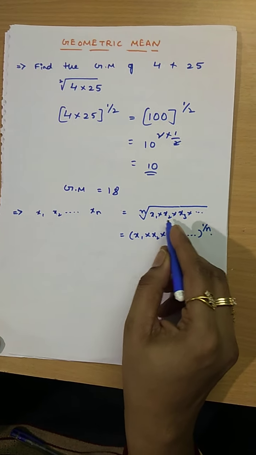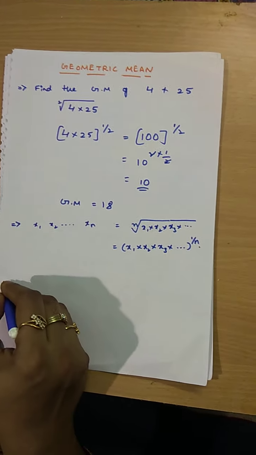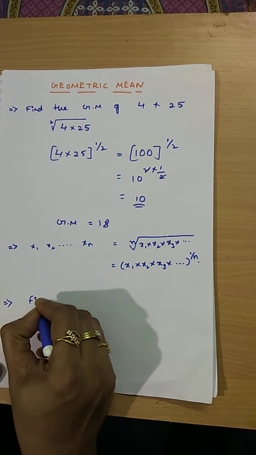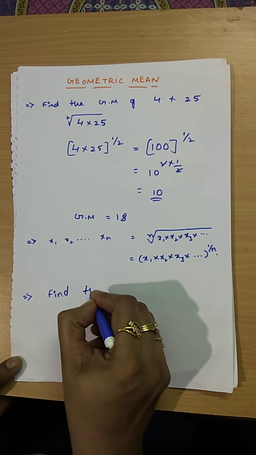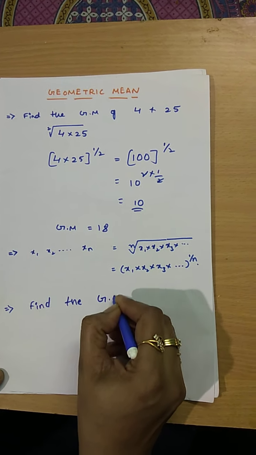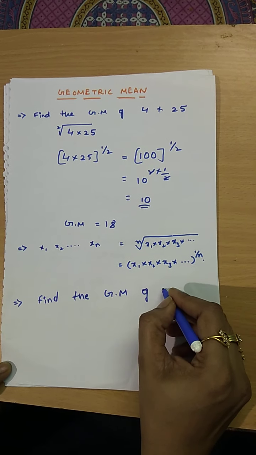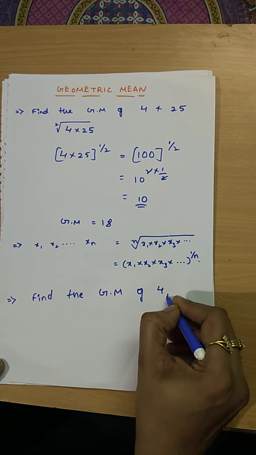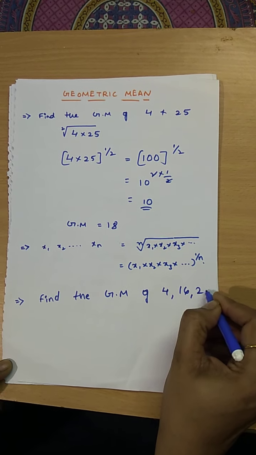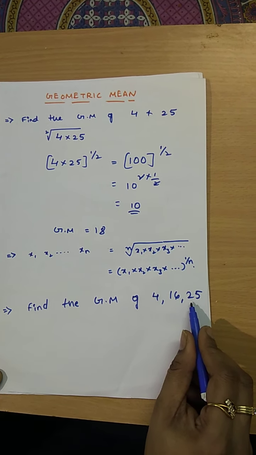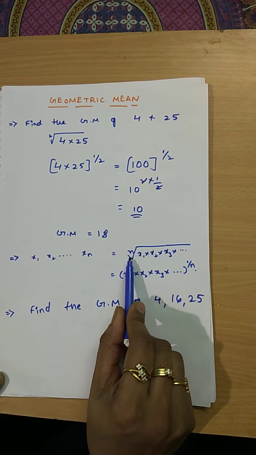The formula is the nth root of x1 into x2 into so on xn. I am giving one more example here. Find the geometric mean of three observations: 4, 16 and 25. What is the value of n?